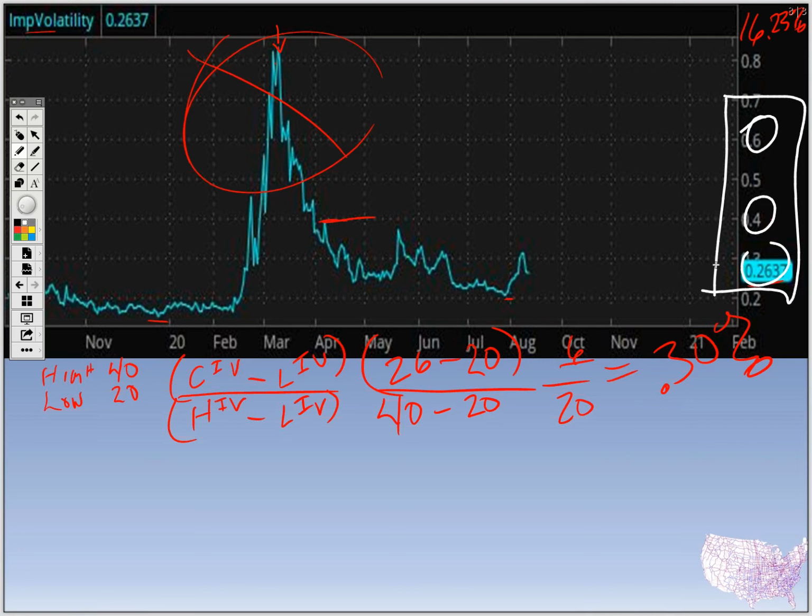So we've got our things here, and we're thinking about buying premiums right now. I was going to lean towards selling as well, but let's just get this out of the way first. If you're thinking about buying premiums, a green light is less than 30%. And if it's between 50 and 30%, that's a yellow light.